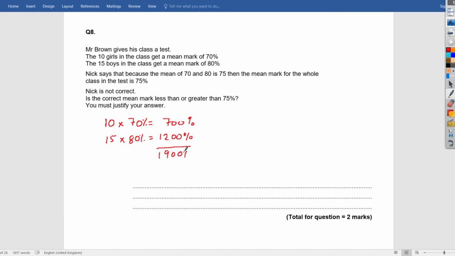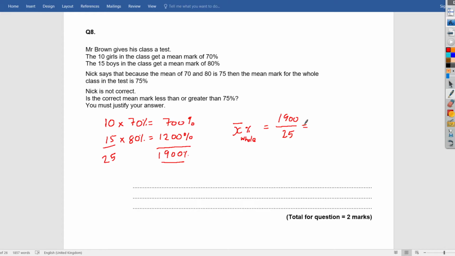So the average percent for the whole class, boys and girls, is going to equal the 1900 shared by a total of, now there's a total of 10 plus 15 is 25 children. So that's going to be shared by 25.